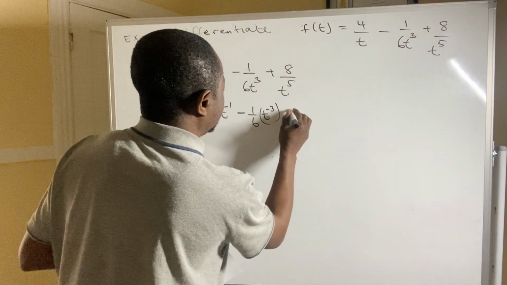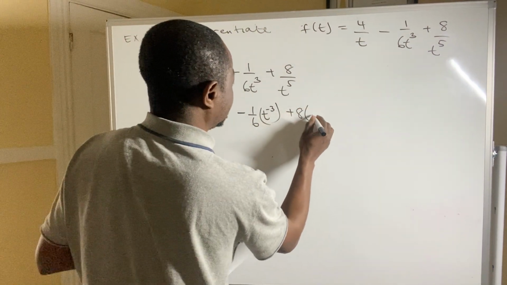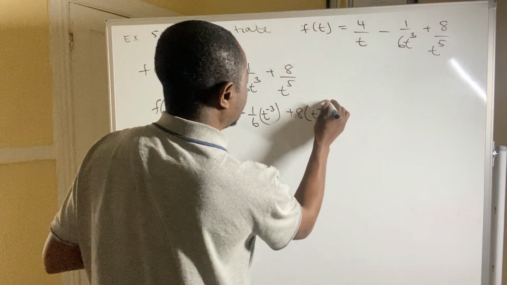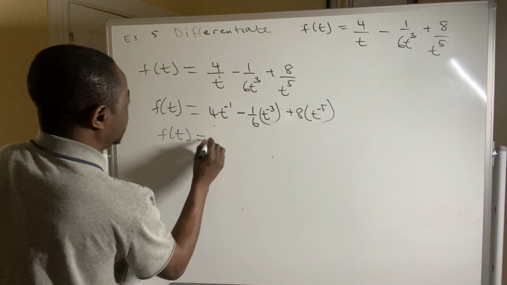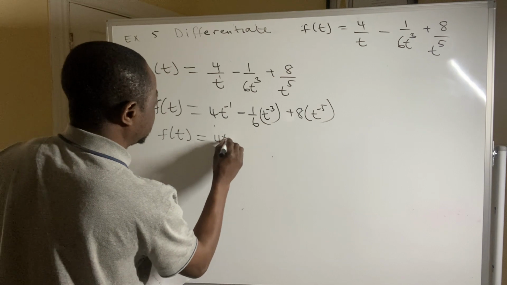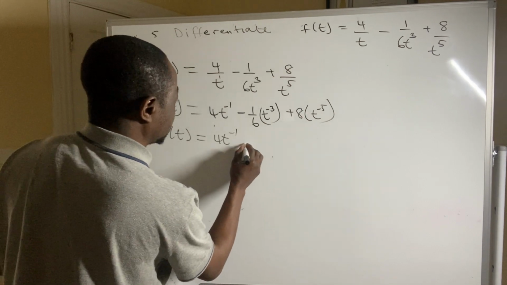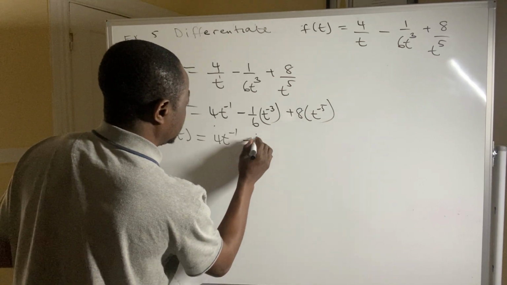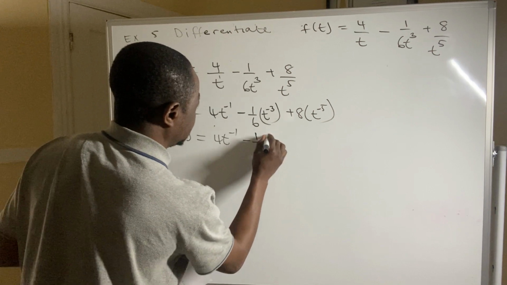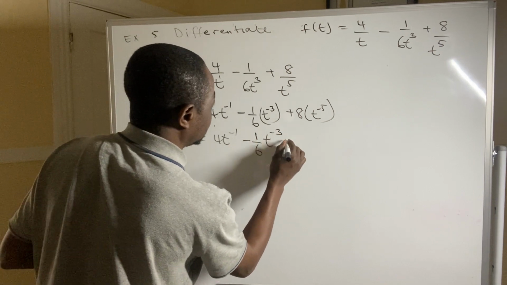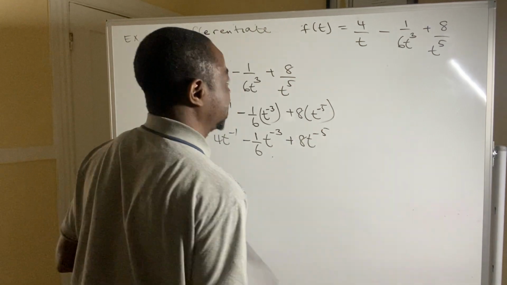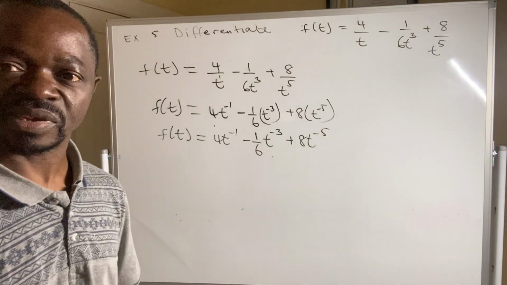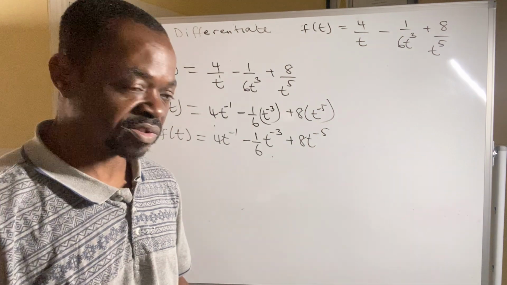And then plus 8 t to the power minus 5. So f of t is 4t to the power minus 1, then minus 1/6 t to the power minus 3, then plus 8t to the power minus 5. See that all the powers are up now, so it's very easy for us to solve.